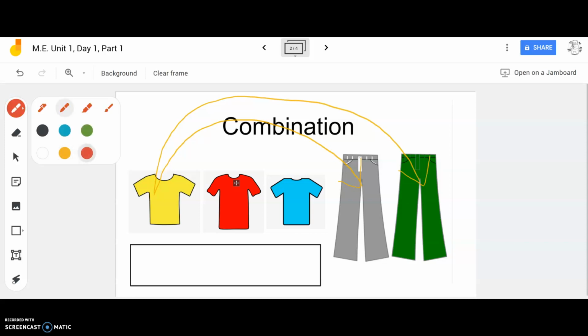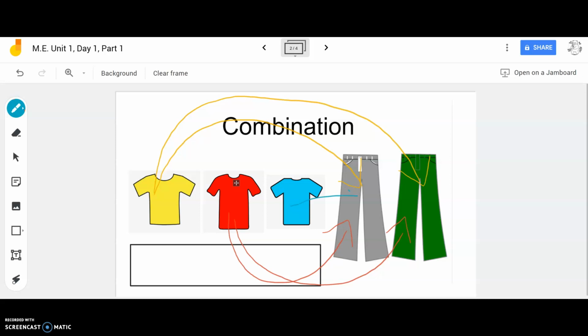Or I could wear my red shirt with my gray pants, or I could wear my red shirt with my green pants. So far, with my 2 shirts, I can make 1, 2, 3, 4 different outfits or 4 different combinations, but I have another shirt. I have my blue shirt.